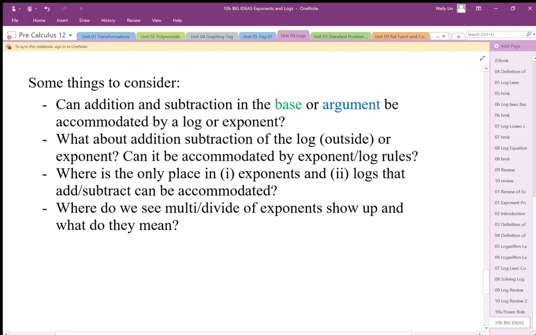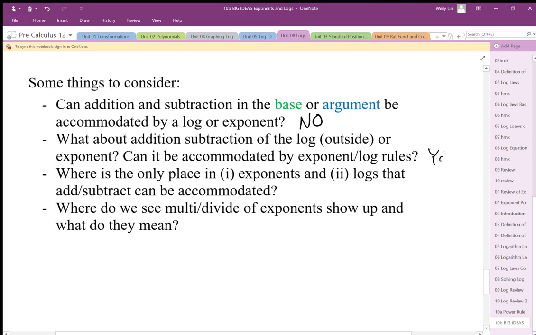So just to summarize, when we think of exponents, can addition and subtraction in the base or argument be accommodated by the log or exponent? Well, the answer is no. Addition and subtraction for exponents is okay, but for base and argument it's not okay. Addition or subtraction outside the log or the exponent, yeah, that's okay.